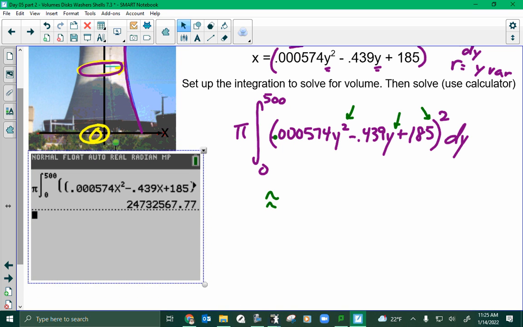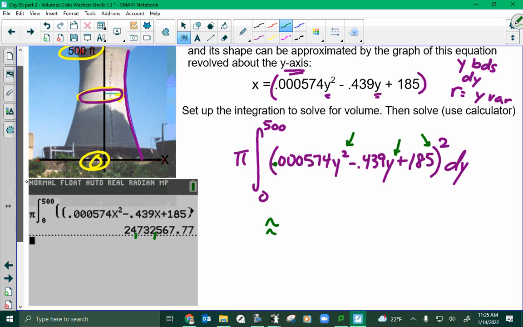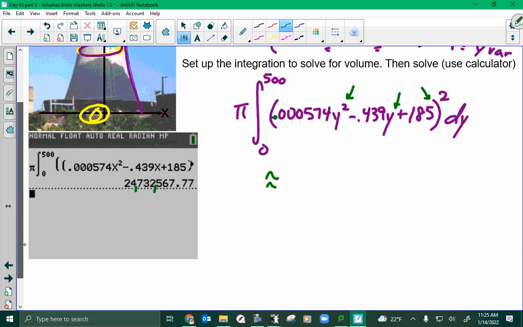Okay, so if you're an engineer, depending on how critical this is, depending on what the answer is, depending on who you give the answer to. Okay, maybe your high up boss, you give him a more precise answer. Maybe the guys you're working with, I look here, I got 3. It's about 24 million. Do they give us a measurement? Feet. So if it's volume, it's feet cubed or cubic feet.